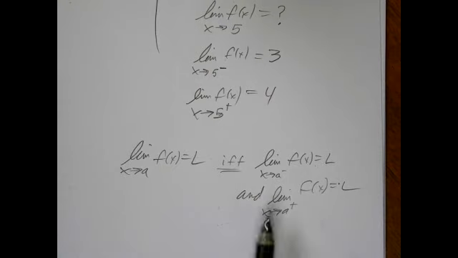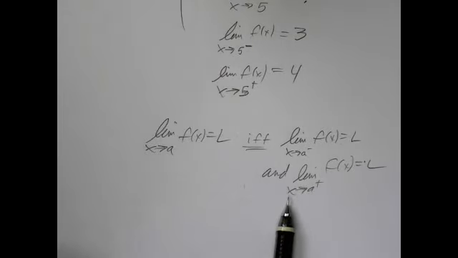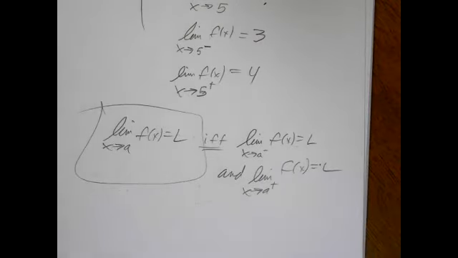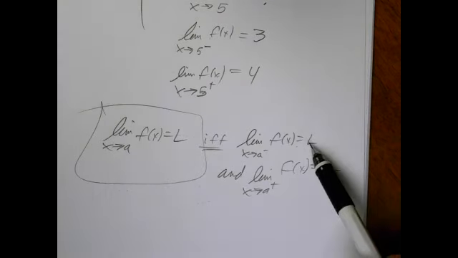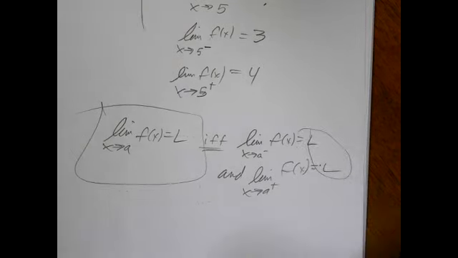So what we're saying here, there's more to this statement. Let's make sure we understand what's being said. For a limit to exist, for an overall limit to exist, here's what has to be true. All right, 3 things. Number 1, the left-hand limit has to exist. Number 2, the right-hand limit has to exist. And last of all, they have to equal the same thing.